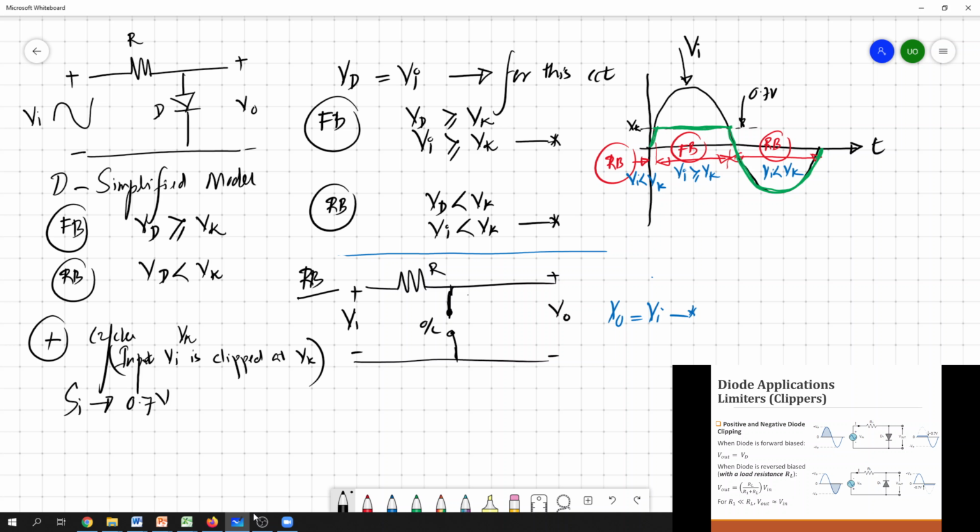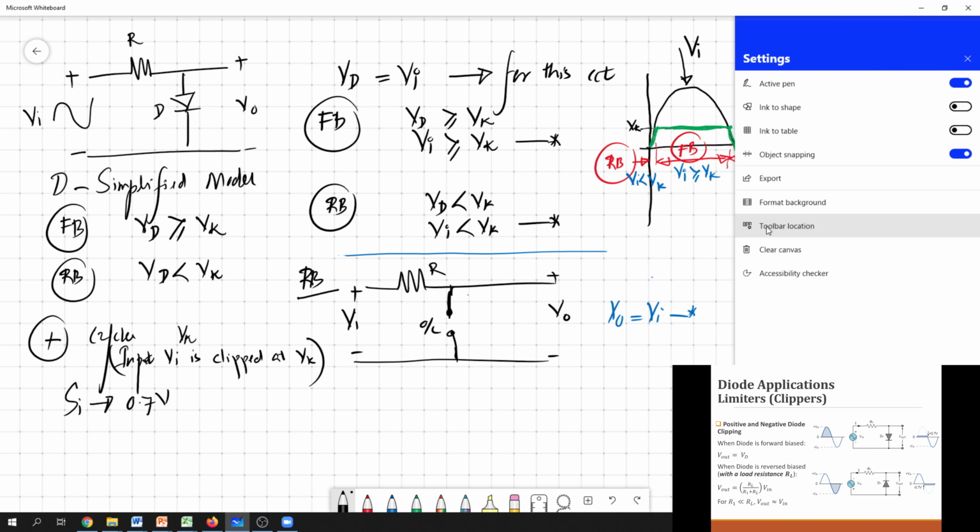But during this negative cycle, you can simply obtain the input voltage. But in the positive cycle, when you place the diode like this, you can simply clip your input signal at Vk.